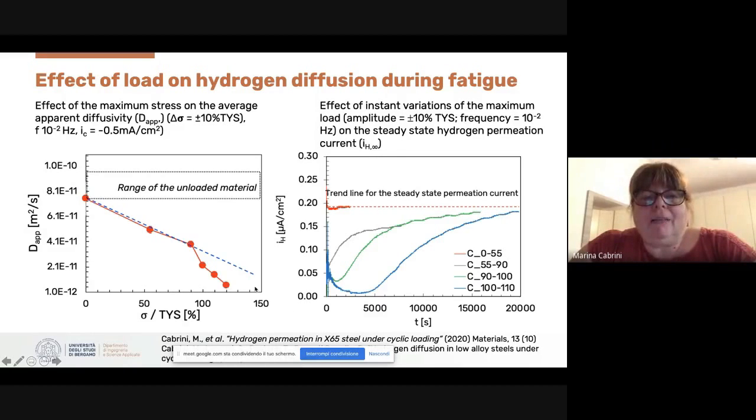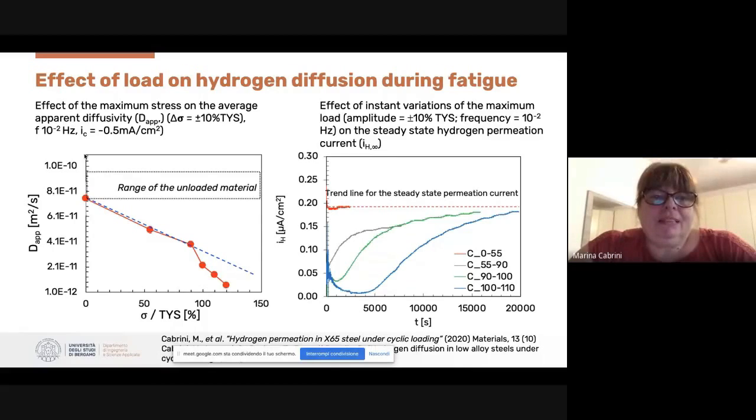We can observe that there were two effects. One is in the non-stationary condition, on the apparent coefficient of diffusion of hydrogen. We did this test using a variation of the load of 10% of the tensile yield strength, at a constant frequency of 2 Hertz, and obviously with hydrogen cathodic charge.